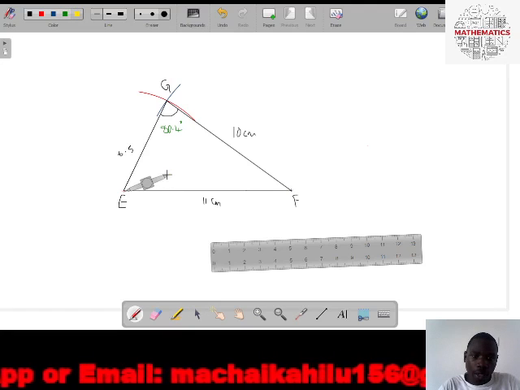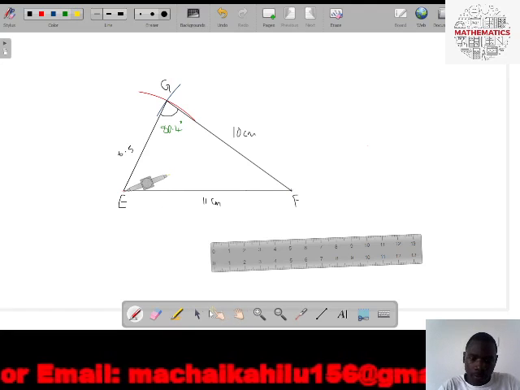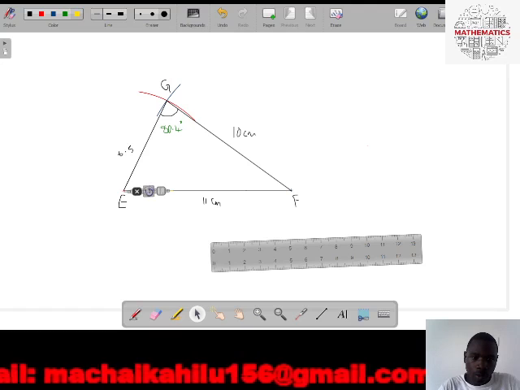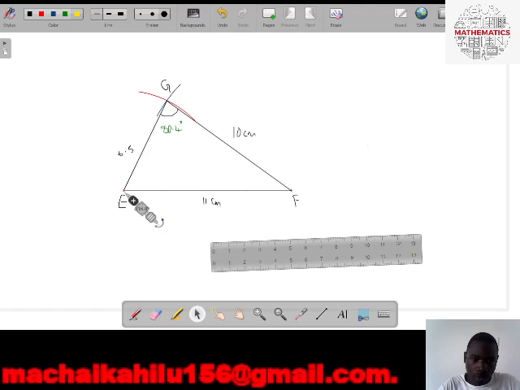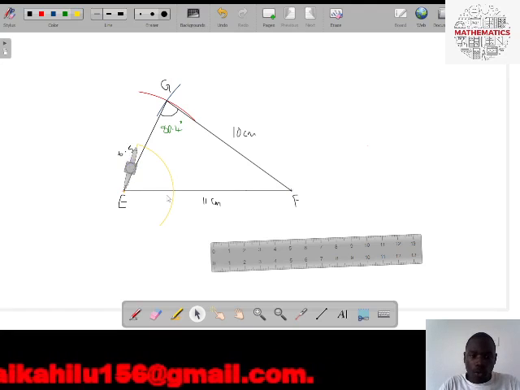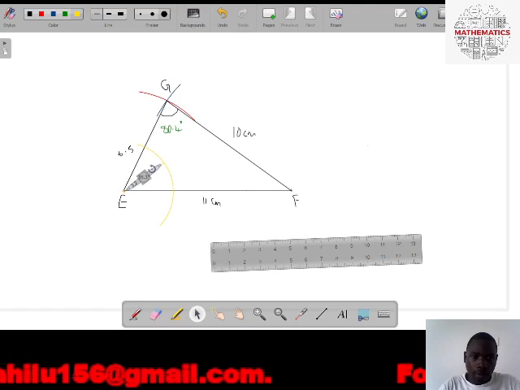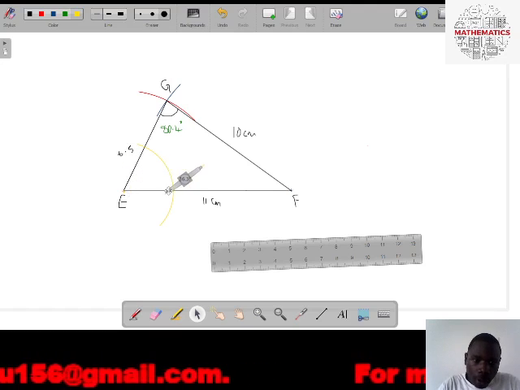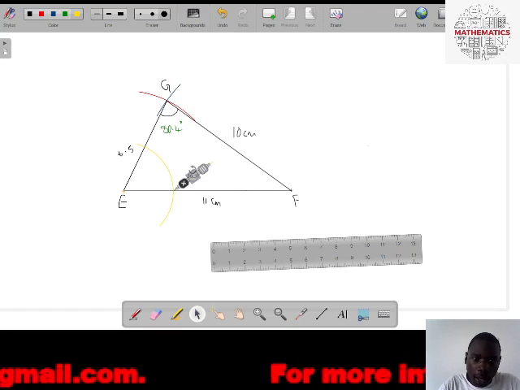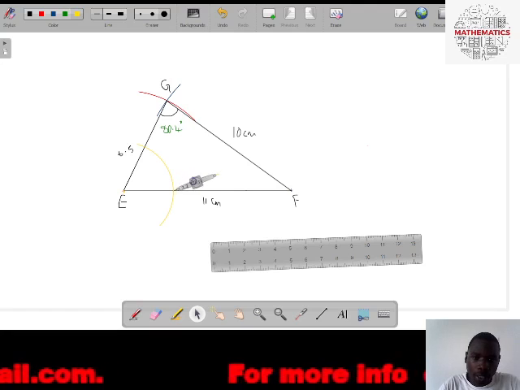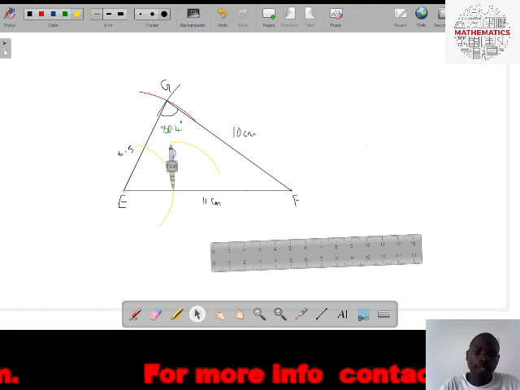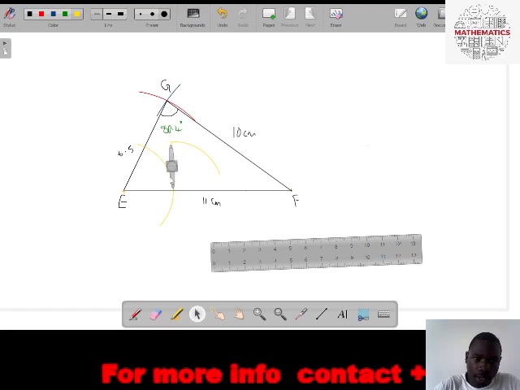Okay, so we draw an arc like that, and then after drawing that arc, we'll stand on this point. Again we are going to draw an arc within the triangle like that, with the same radius, don't change, same radius.